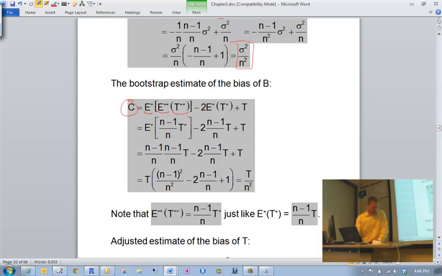Using that result that's in number 3 on page 61, you can show that this expected value star star of T star star is n minus 1 over n times T star. So I can plug that in there. We know what the expected value star of T star is based on that result as well. Then I can still apply that result from expected value star of T star one more time, do some algebra, make it T divided by n squared. That's my C.